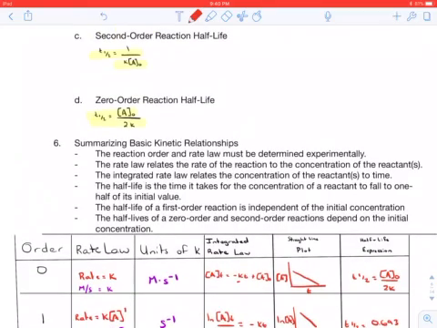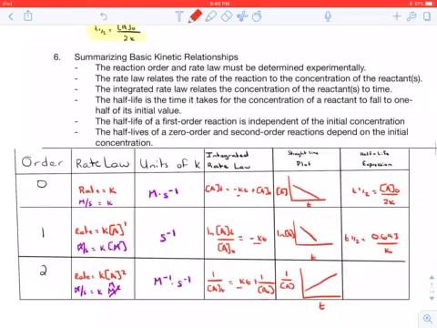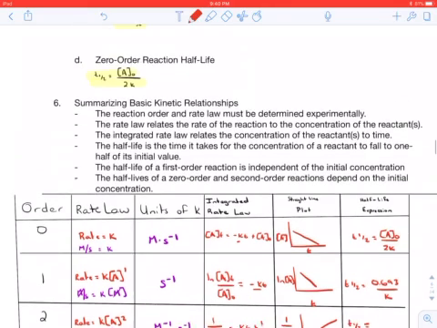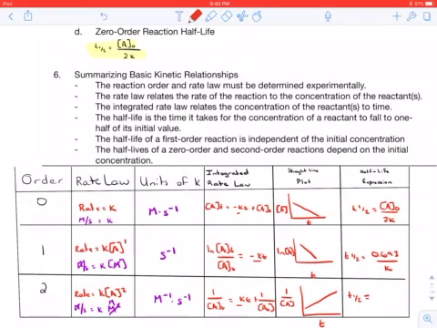And last but not least, rolling back up there, we've got our T1/2 equals, man, my equal sign is not working, 1 over K times the concentration of A sub 0.